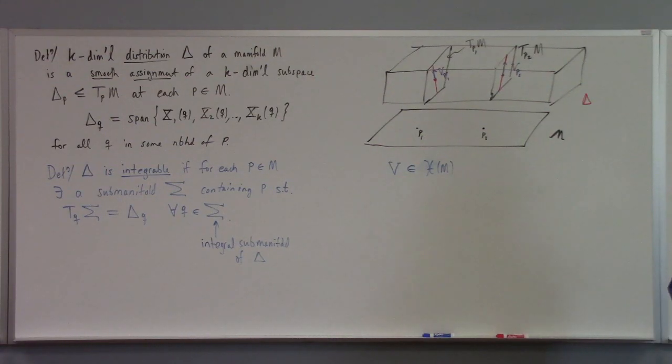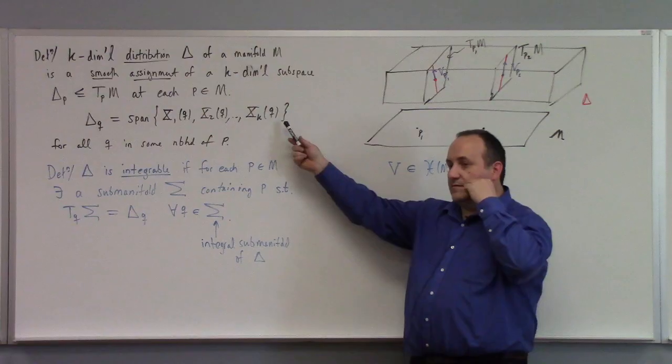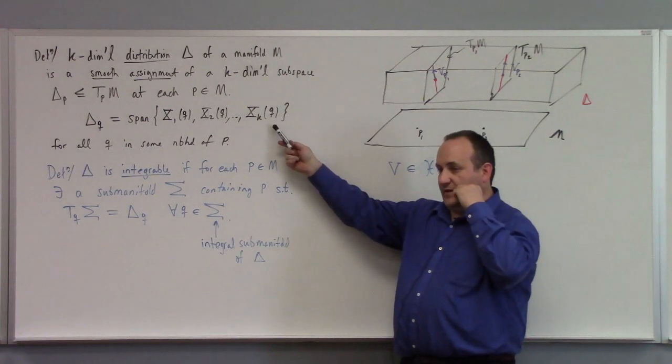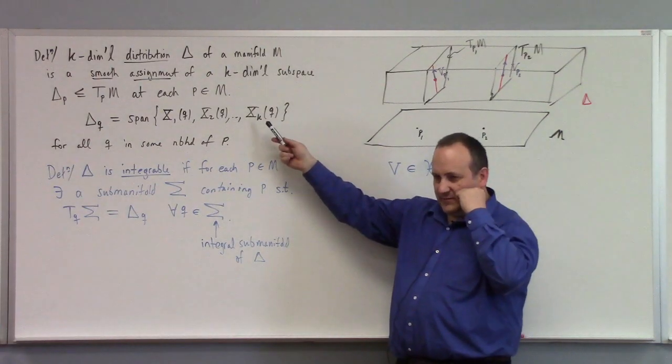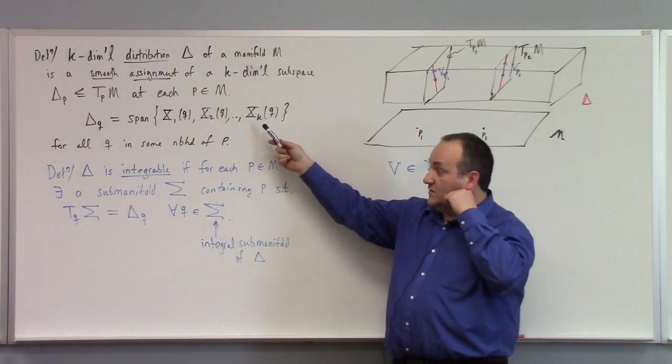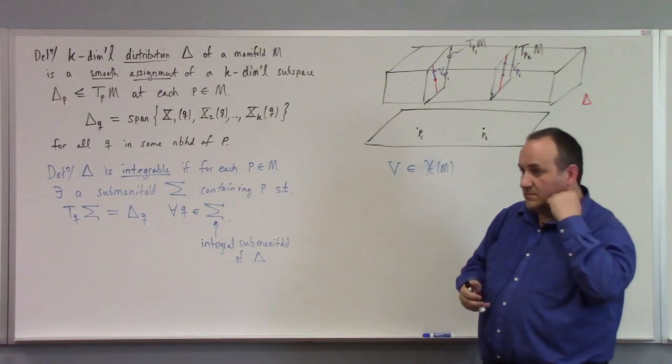But it's not just one tangent space; it's thinking about all tangent spaces collectively. So it's a smooth assignment of a subspace, whatever that means, because we certainly haven't defined that notion of smoothness here. But the text says that what it means for us is that at any point you can write the distribution as a span of linearly independent vectors, pointwise linearly independent for each Q in the neighborhood.